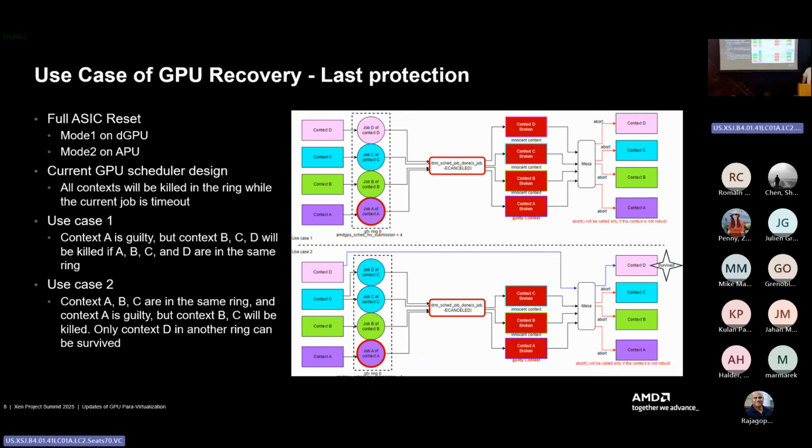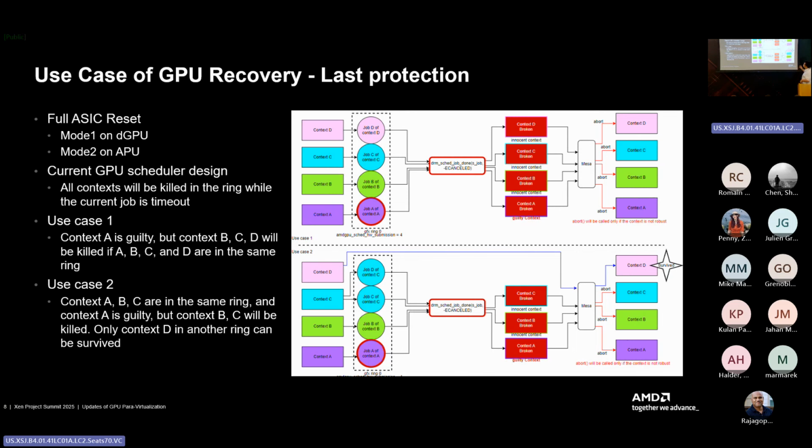And let me introduce two use cases. We were addressing the software, the upper level. Please see use case 1, where we have contexts A, B, C, D. Contexts A and B are mapped to different processes from the user space, maybe from different jobs, maybe from the same job, but they were issued together into the same ring from the DRM scheduler.